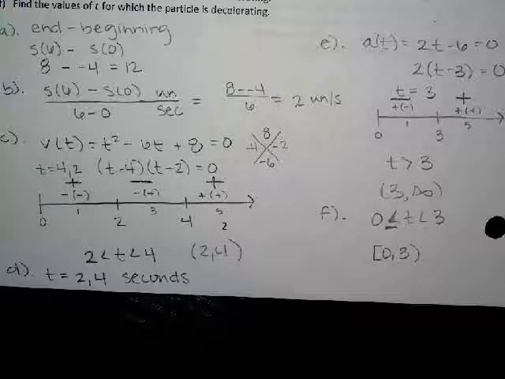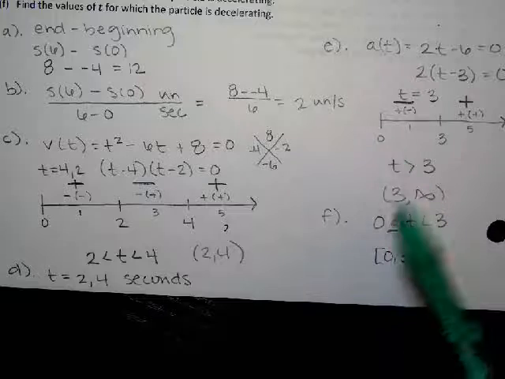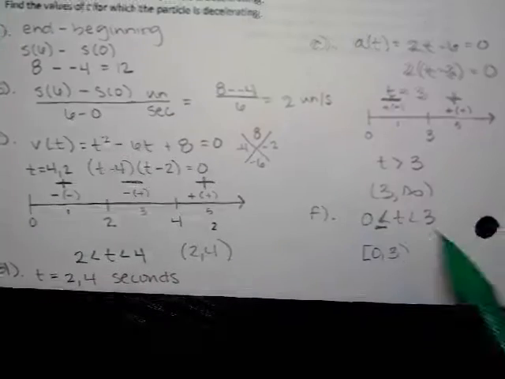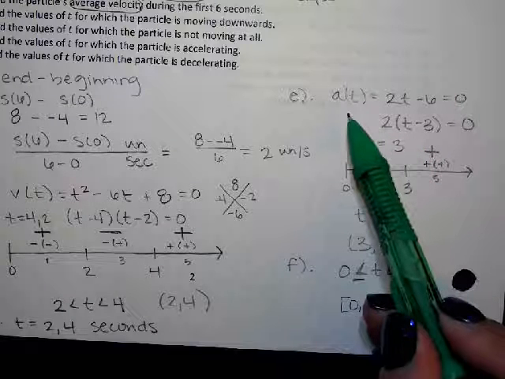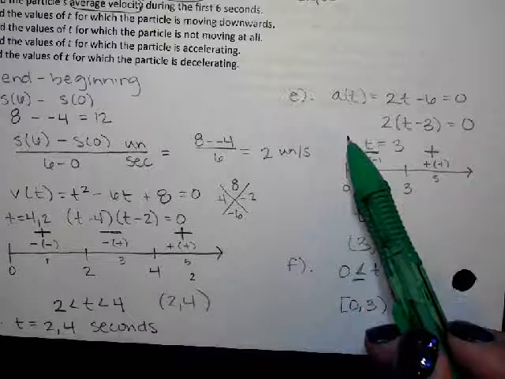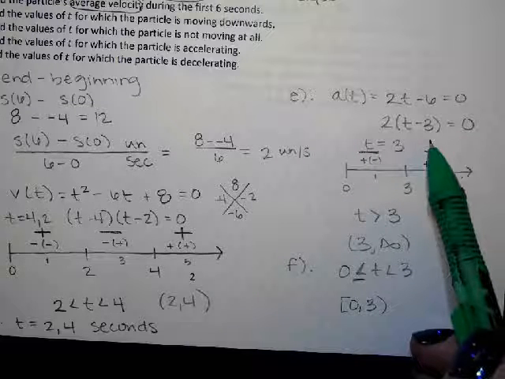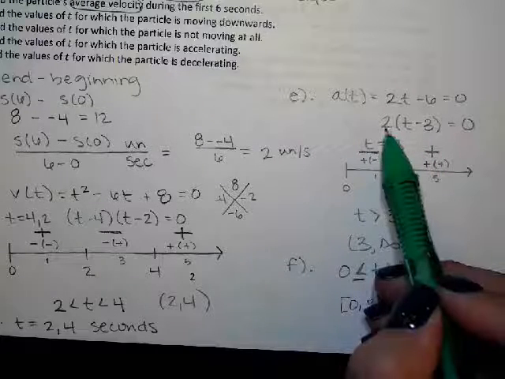Now, the reason that we knew that when we answered F, we should think about including 0 is because 0 was not one of the values where A of t equals 0. Does that make sense? 0 was not one of the values where A of t equals 0. So it wasn't like we got 2t times t minus 3.